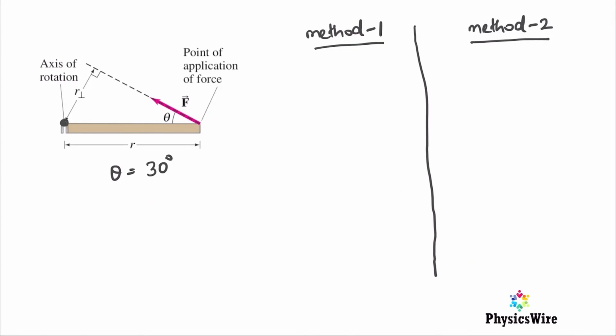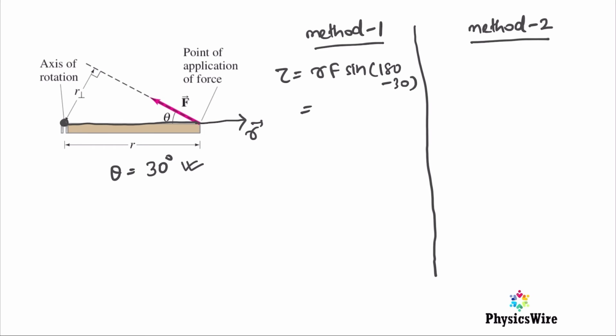Okay guys, let's solve this example using both methods, method 1 and method 2. Now it is given that theta equals 30 degrees. In method 1, torque equals R F sine 180 minus 30, because you draw a perpendicular line from the fixed point to the force.